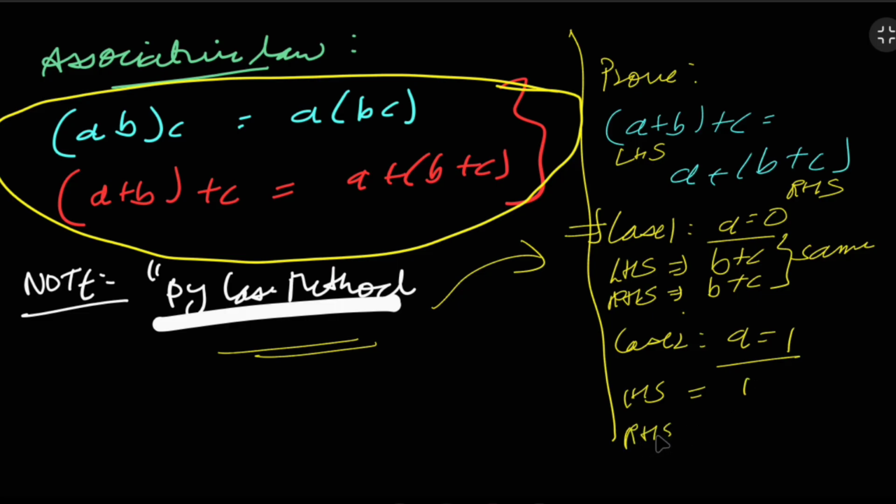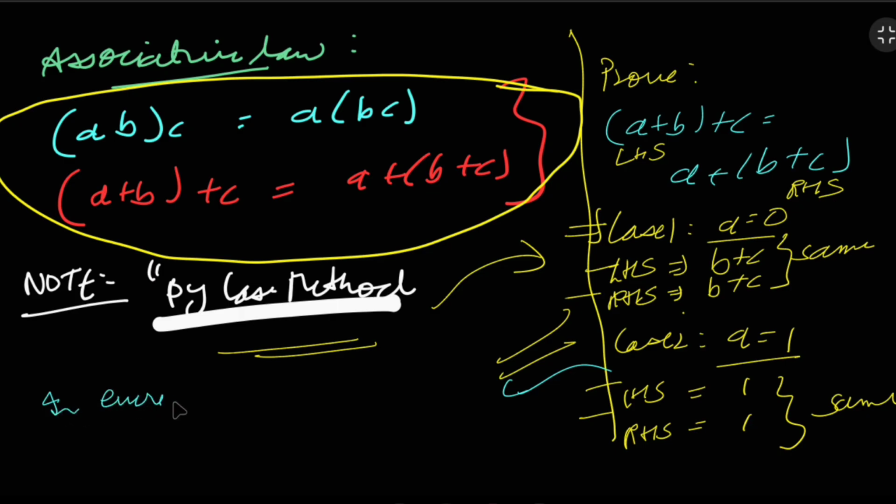RHS equals to 1. Same. In every case they are same. So this is the proof. Whatever case you take, only two cases are possible. So LHS will be same, RHS will be same, LHS will be same, RHS will be same. So conclusion, in every case A plus B plus C is equal to A plus B plus C.